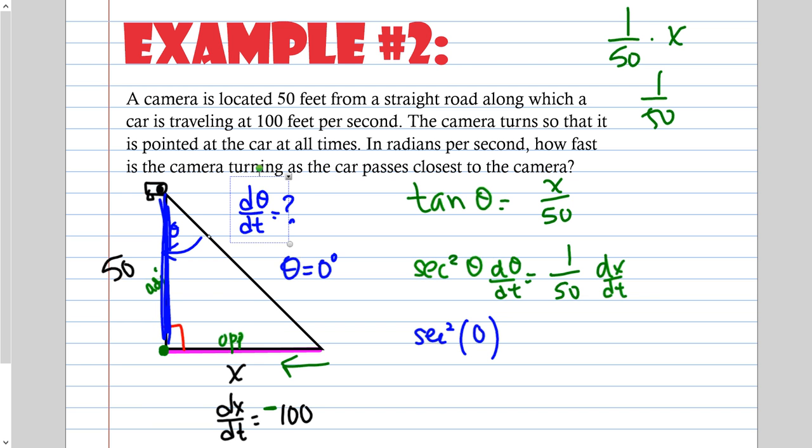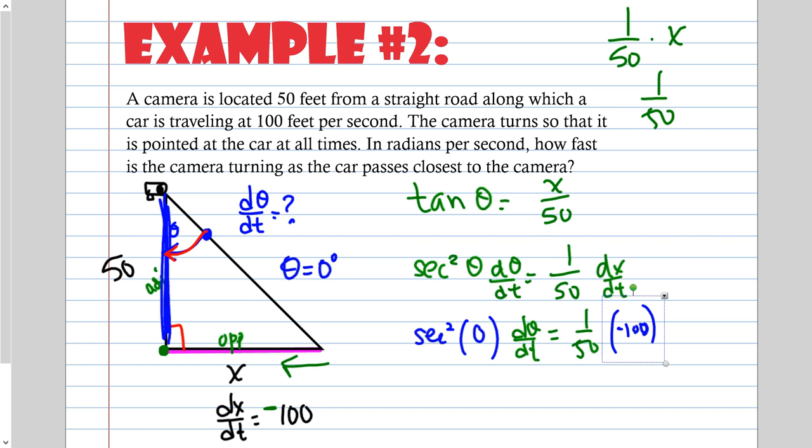Over here, it's open, but when it ends up going this way, it's closed. So the angle's 0. d theta/dt is what we're looking for, so I'm not going to plug that in. And then 1/50th, and then dx/dt was negative 100.